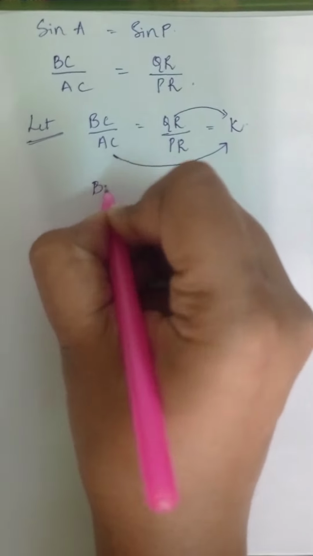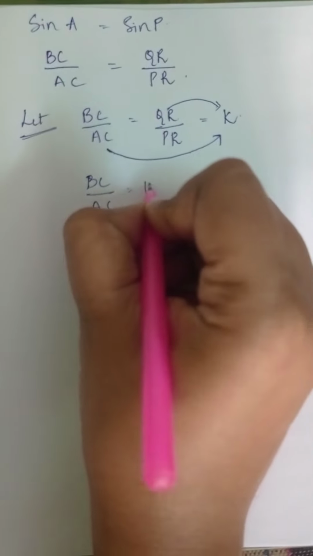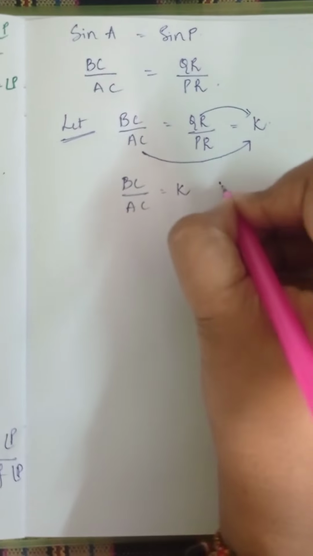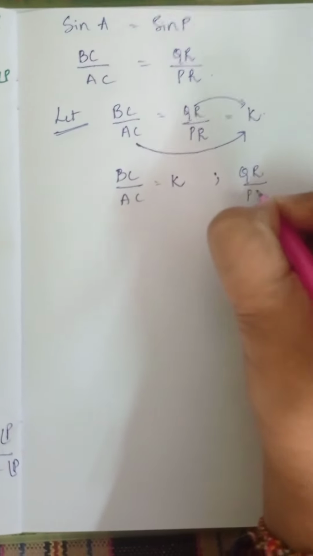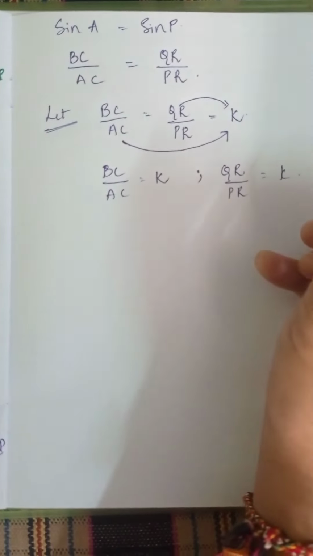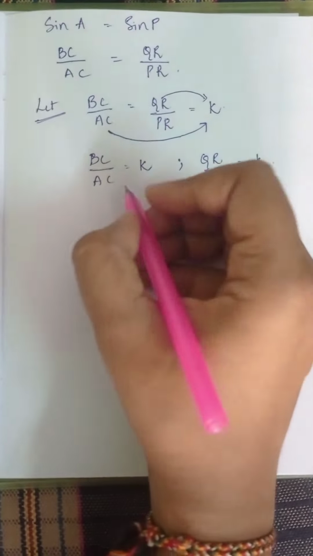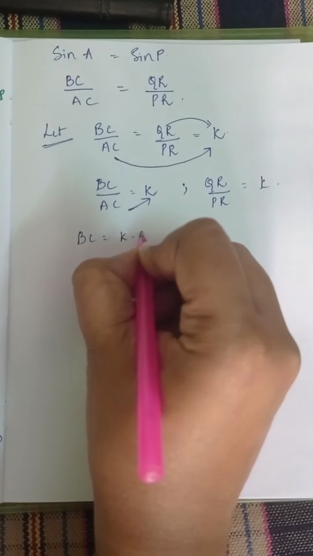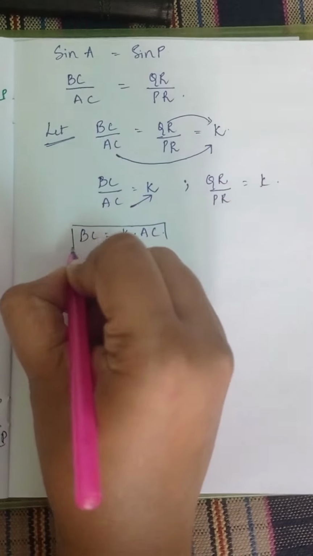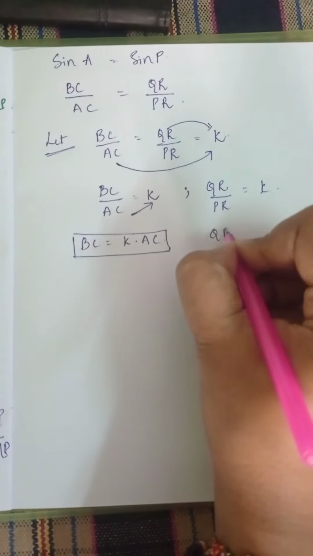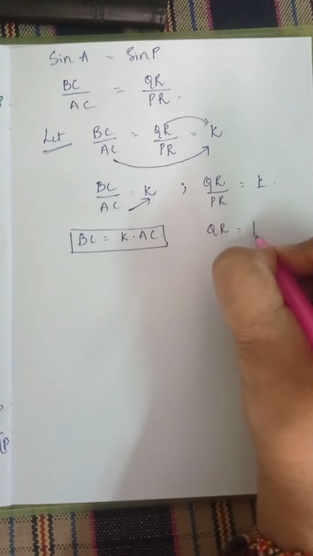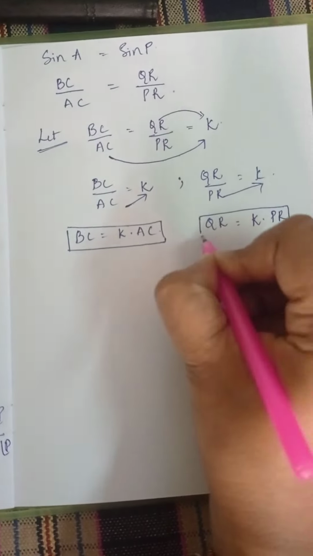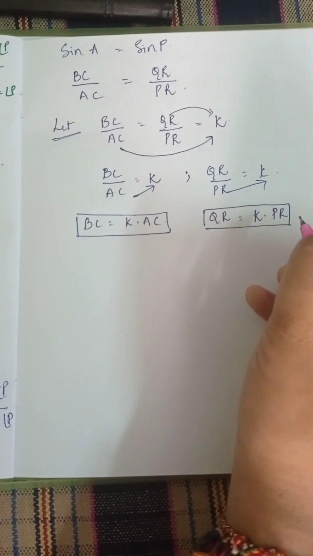Now send AC to the RHS side. We'll get BC equal to K AC. Now QR is equal to, sending PR to the RHS side, we'll get K into PR. Okay, we got it.